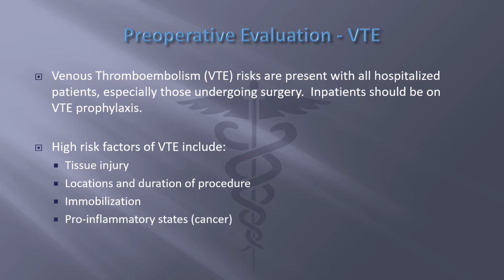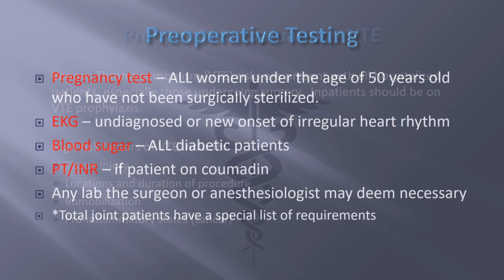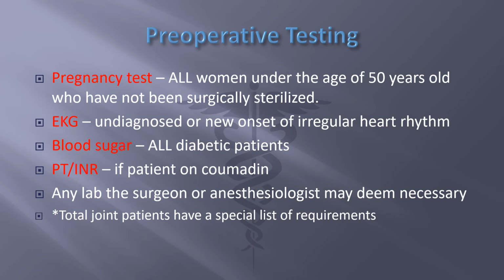How long are you going to be laying still like that during the procedure? Immobilization. How long are you going to be not moving? How long are you going to be not moving after the procedure? And any pro-inflammatory states like cancer automatically raise your risk to get a clot after surgery.